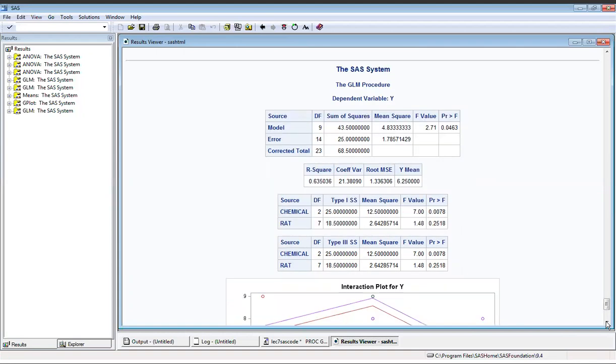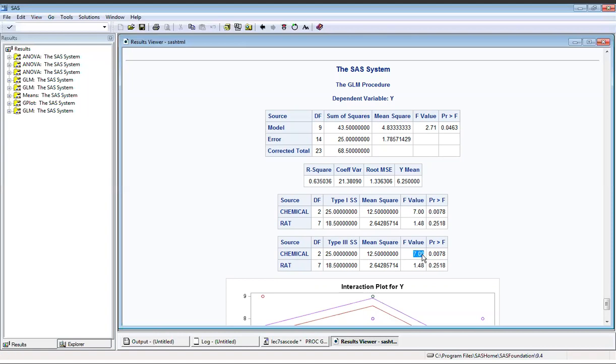So well, the main interest is to evaluate the effect of chemicals on the toxicity, and therefore we can identify if the different types of chemicals will give a different mean value of toxicity. So basically, this chemical has 2 degrees of freedom because there are 3 different types of chemicals. And then we can calculate the type 3 sum of squares, and the mean square is just 25 divided by the degree of freedom 2, 12.5, very easy to calculate.